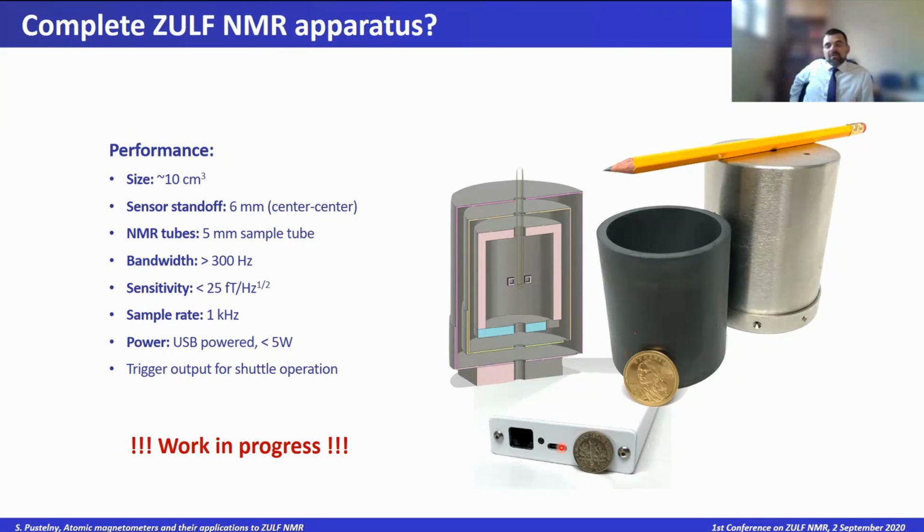If you are a chemist, you should look at the Twinleaf website, because we are collaborating with them to build a very small setup that will be able to detect zero field NMR. What you are seeing in this picture is a ZULF NMR spectrometer that could cost something like 10K, probably in some foreseeable future.